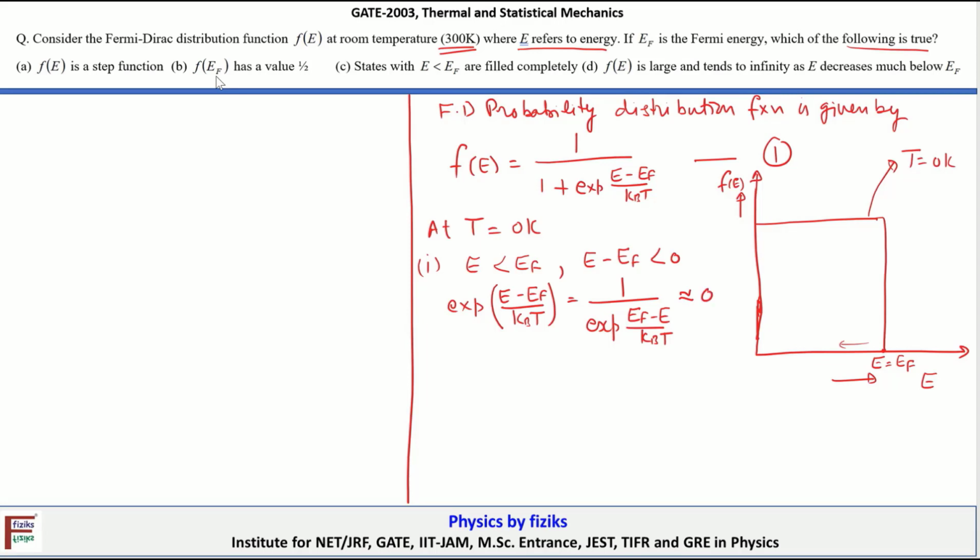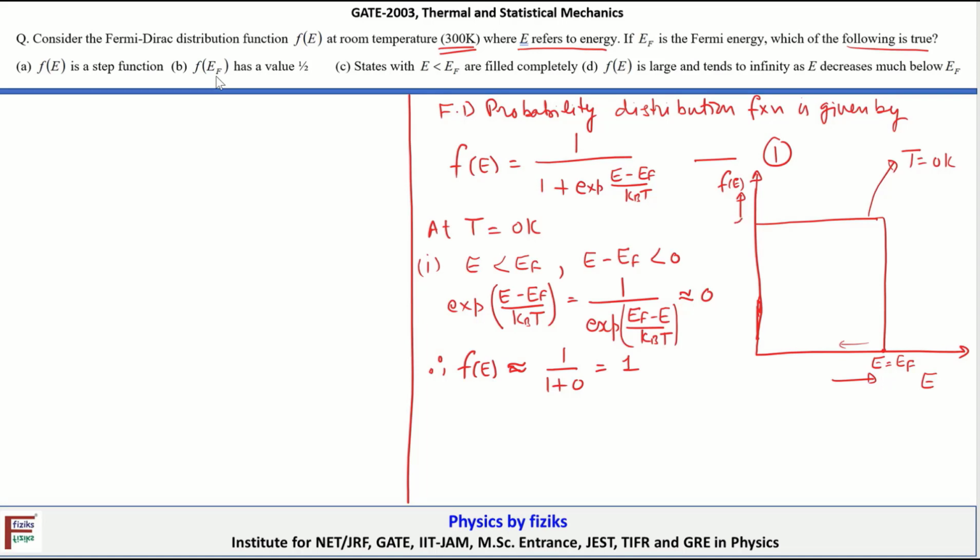So equation 1, the Fermi Dirac probability distribution function, can be approximated as 1 upon 1 plus 0. Why is this approaching 0? Because when we put T equal to 0, the exponent becomes an infinite quantity. So 1 upon exponential of an infinite quantity gives a number which is close to 0. Therefore for E less than EF at absolute 0, f(E) is equal to 1.